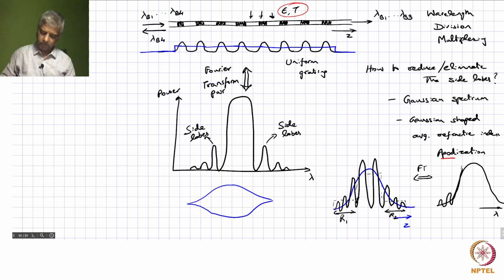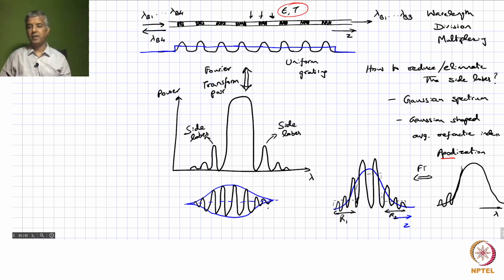So, if your refractive index change is like this, then that means the average refractive index across this entire structure is actually the same, and in that sort of scenario you can get rid of these side lobes as well. So, this is called a compensation step, which can remove these ripples on the lower wavelength side, and then you get a nice single peak, which is very good for a sensing application.